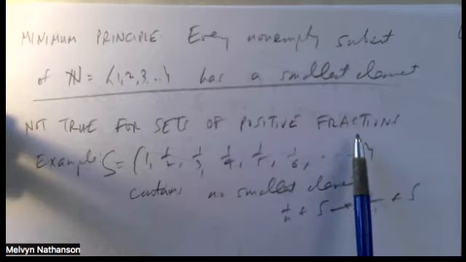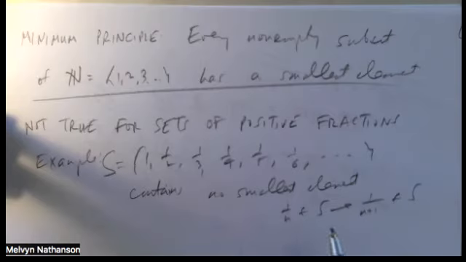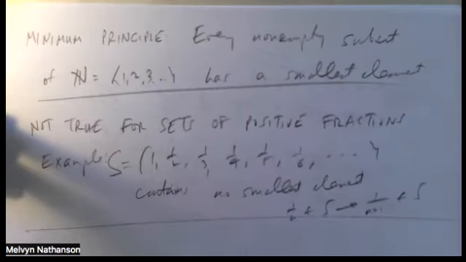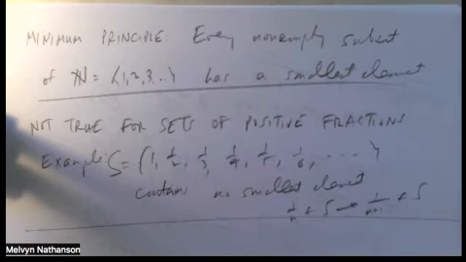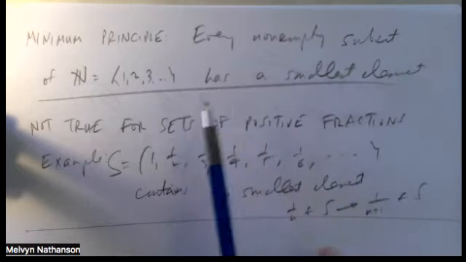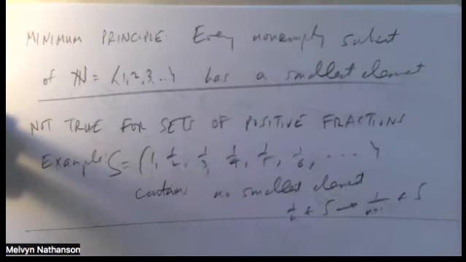So for sets of positive real numbers, and even just sets of fractions, there is no smallest element. But for a set of integers, there is. So every non-empty set of positive integers always contains the smallest element.